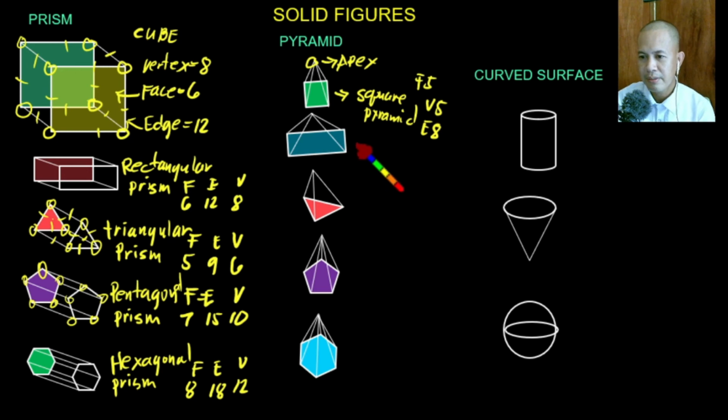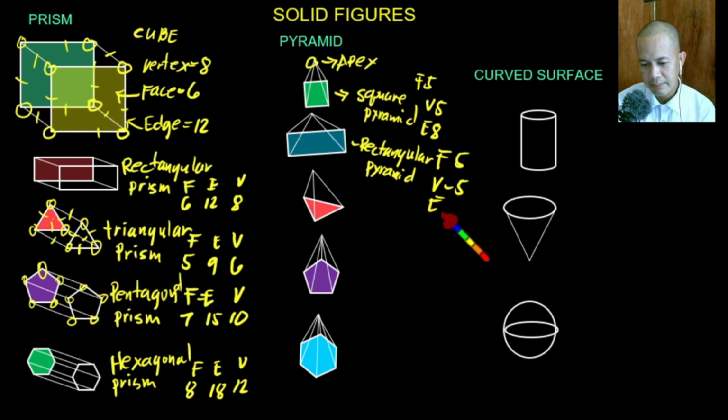The next pyramid is called rectangular pyramid. So a rectangular pyramid has 5 faces. We have 5 vertices also, and then we have 8 edges. The same as your square pyramid.